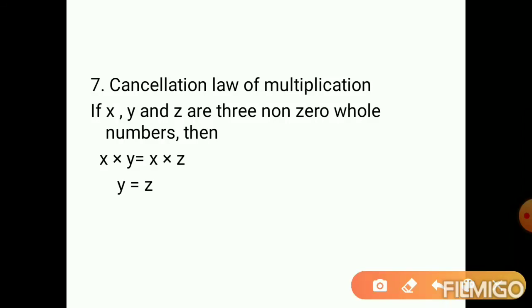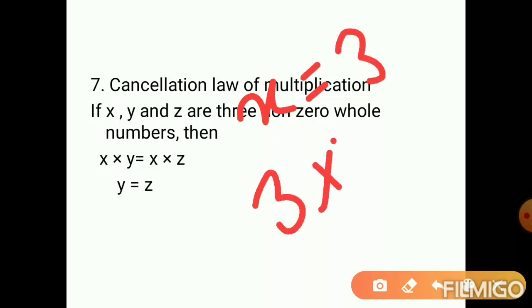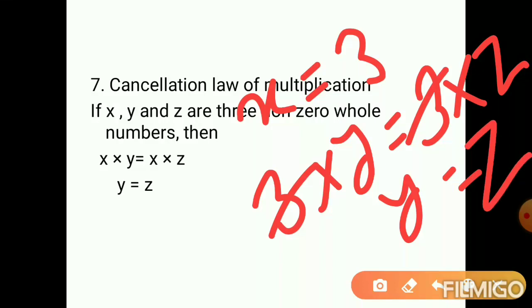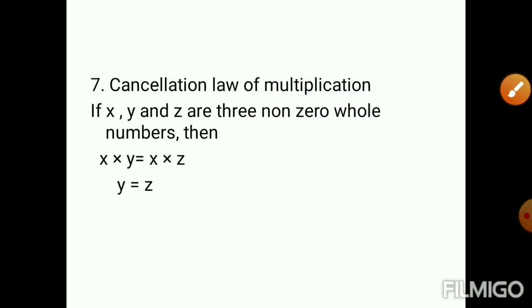Suppose my value of x is 3 and I'm multiplying 3 into y and 3 into z. So 3 will be cancelled out from both sides, so y will equal z. Okay, so these are my properties for multiplication.